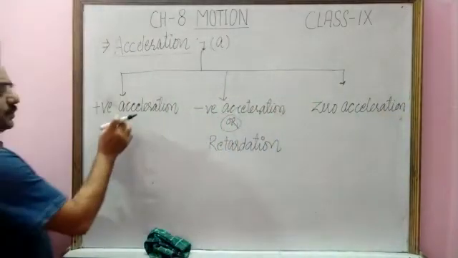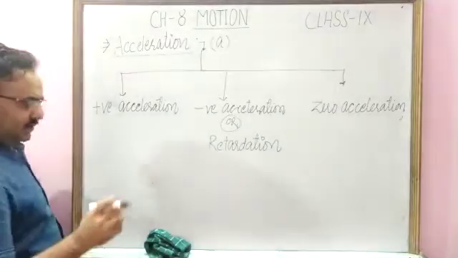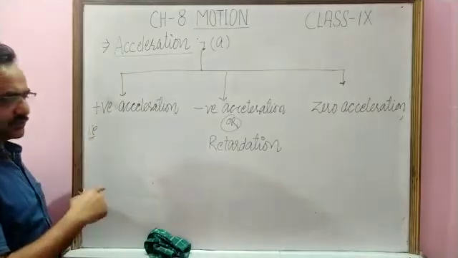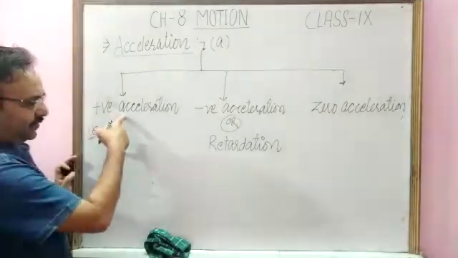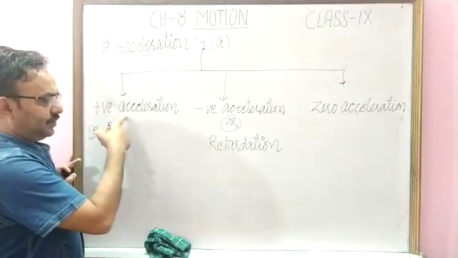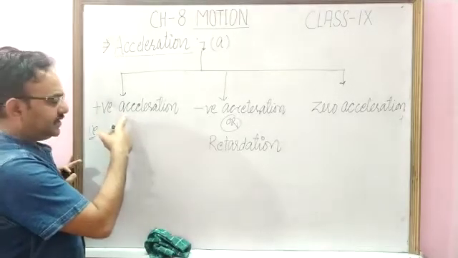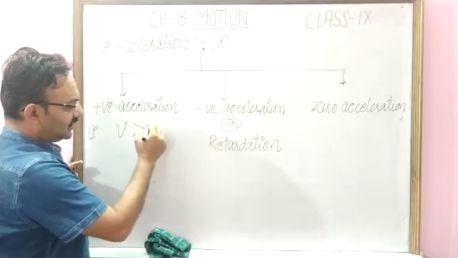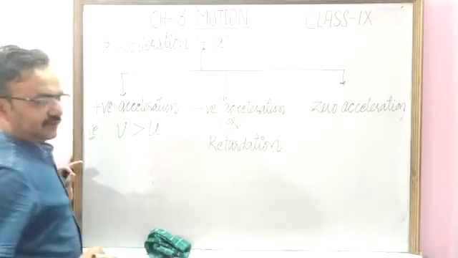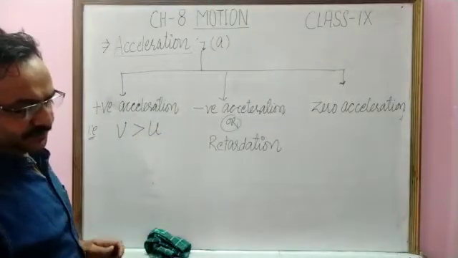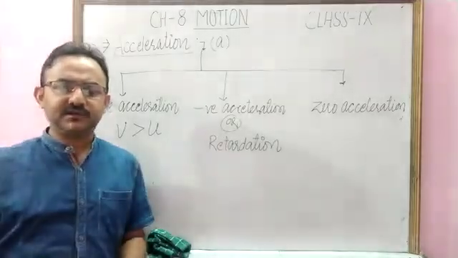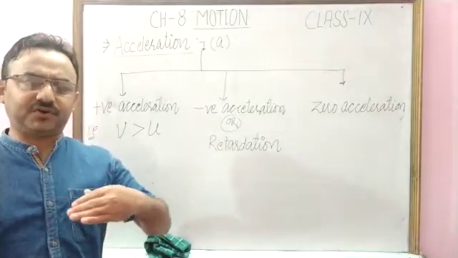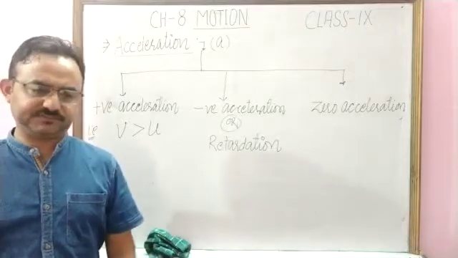In case of positive acceleration, give focus towards the board. In case of positive acceleration, final velocity should be greater than initial velocity, or you can say the velocity of the body is continuously increasing.